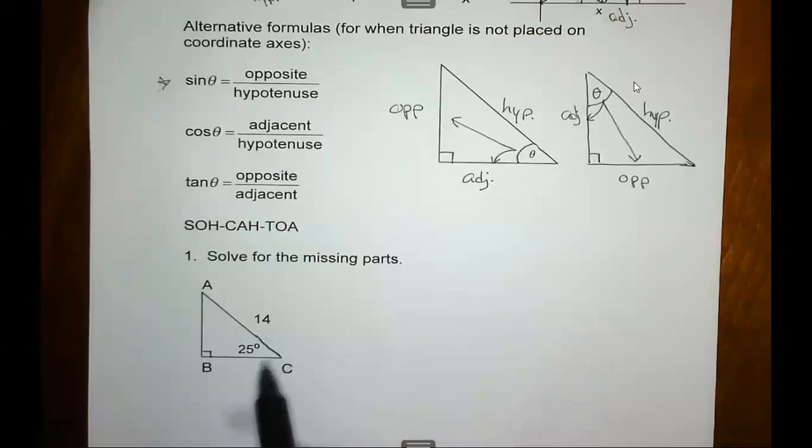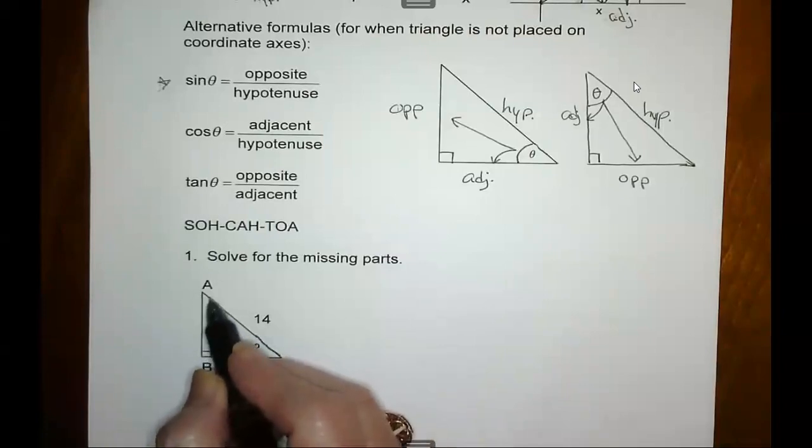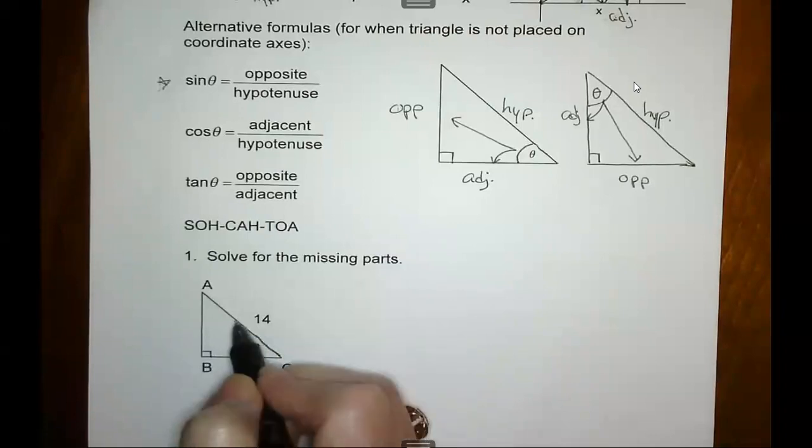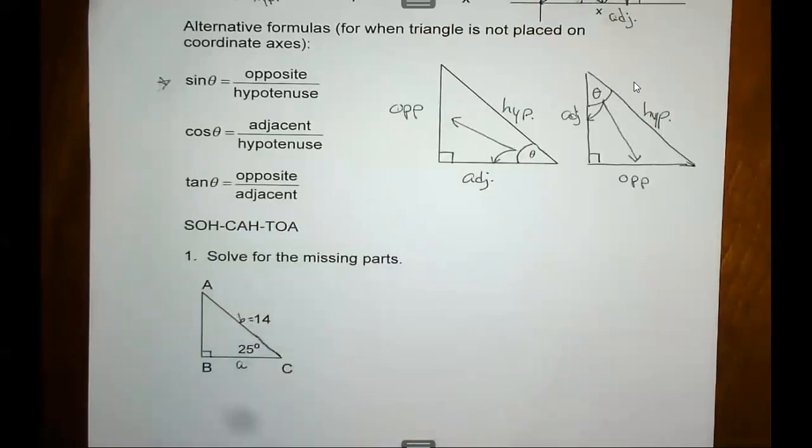The sides across from these angles are always labeled with the lowercase letter. So if this is angle A up here, then this would be lowercase a, side a. If this is angle B, then this is side b. If this is angle C, this is side c.